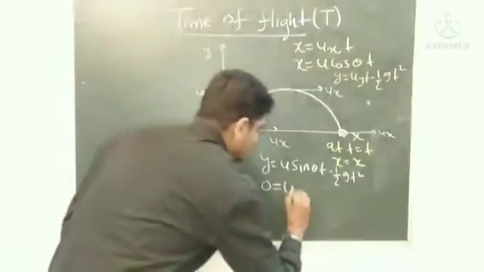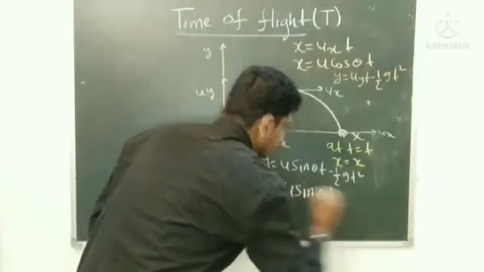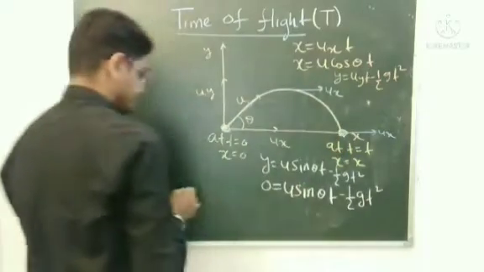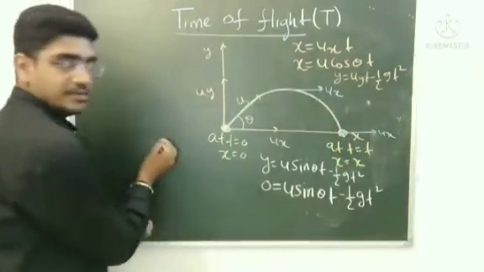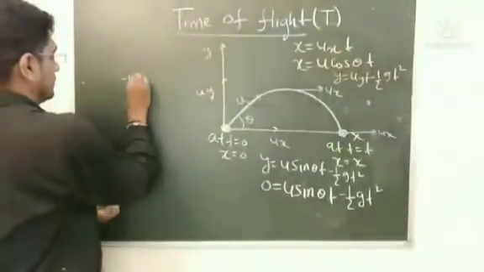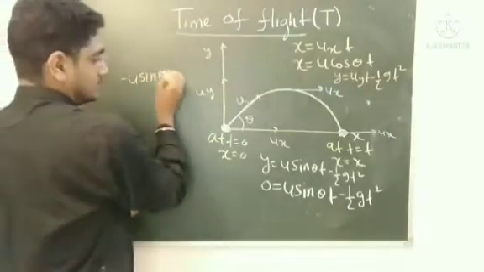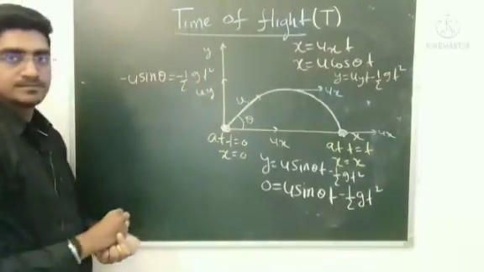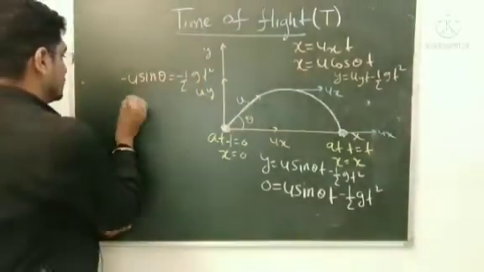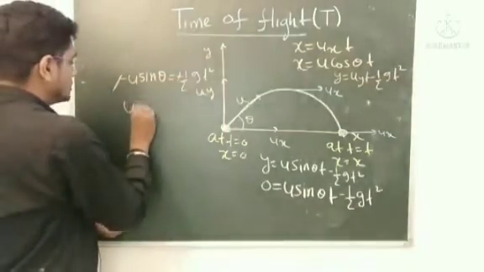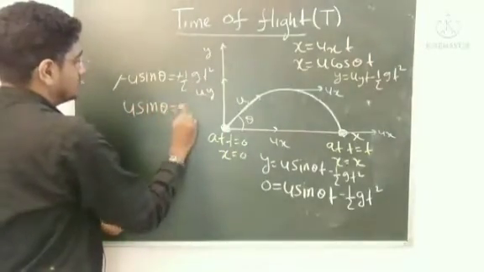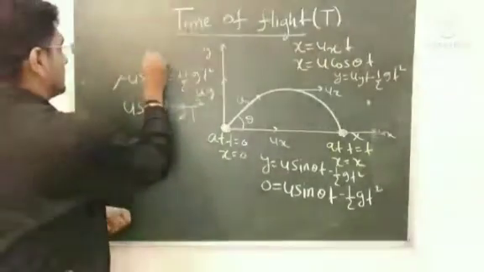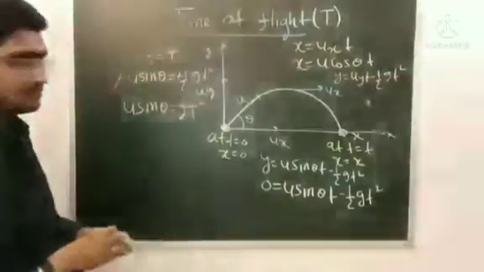So it is u sin theta into t minus 1 by 2 g t square equals 0. So we can write u sin theta t equal to half g t square. Here time is represented by capital T for time of flight.